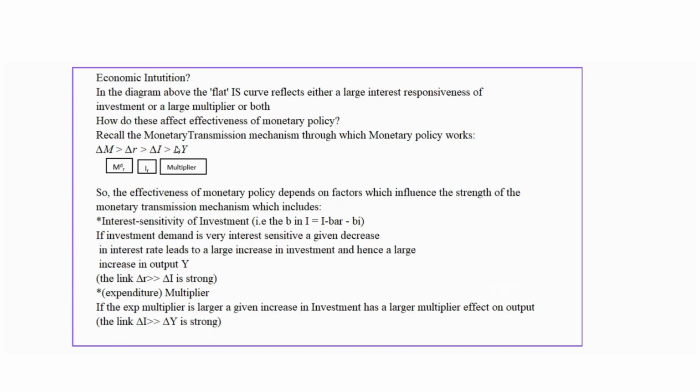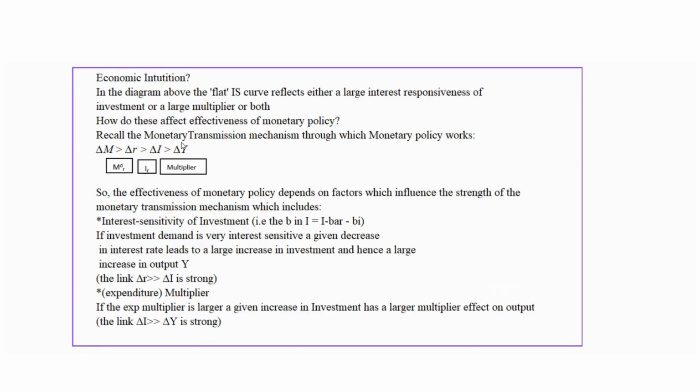Like we said, the effectiveness of monetary policy depends upon factors which influence the strength of this monetary transmission mechanism. This includes, one, interest sensitivity of investment, because interest sensitivity of investment controls the link between change in interest rate and change in investment. If investment demand is very interest sensitive, a given decrease in interest rate leads to a large increase in investment, hence a large increase in output.